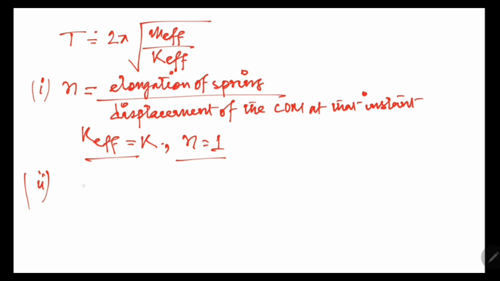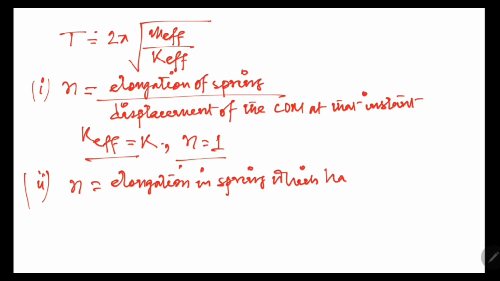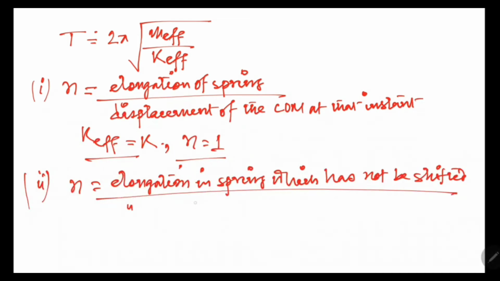Then the n factor equals the elongation in the spring which has not been shifted divided by the elongation of the spring which has to be shifted.